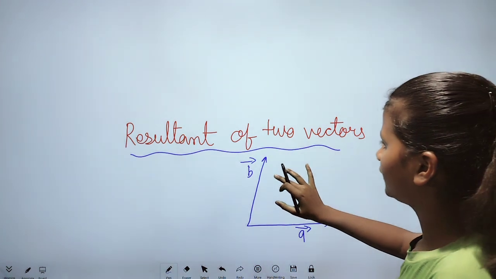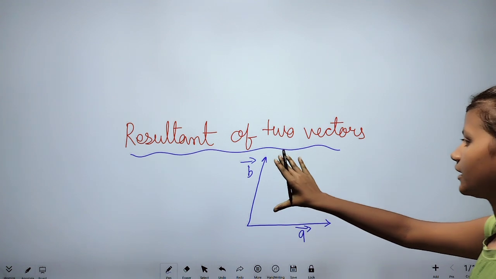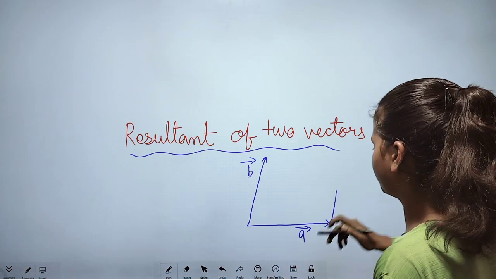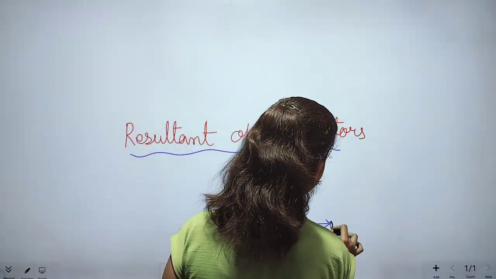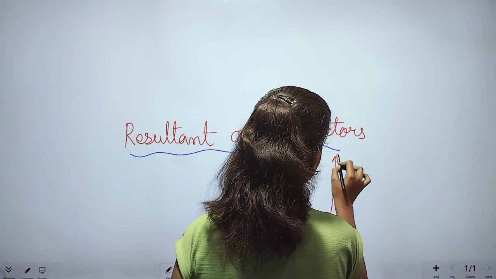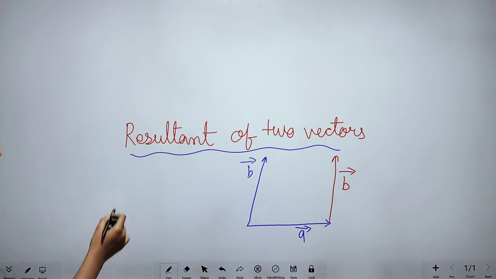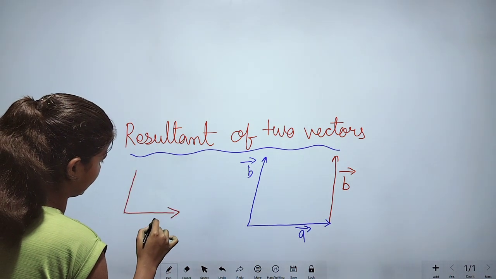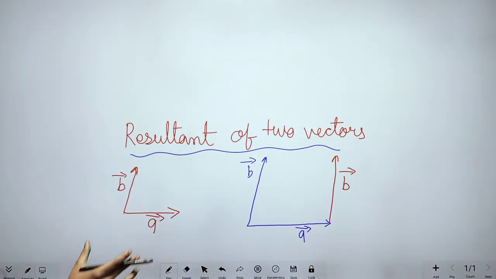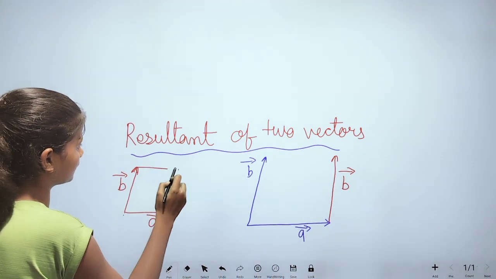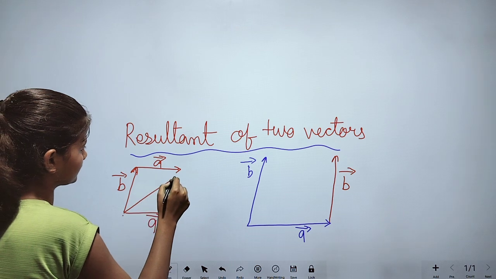We can shift parallel the B vector, or you can also shift parallel the A vector. Or you can also draw like this: this one is A vector, this one is B vector, and you can also put parallel A vector here. And now this gives the resultant.